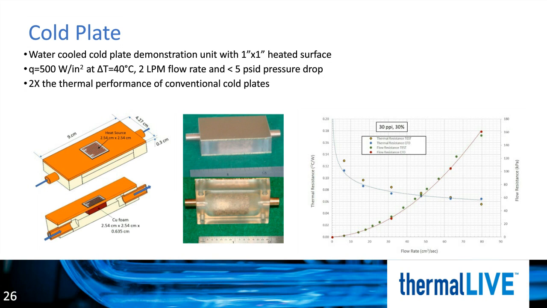This particular unit was made with 30 pores per inch foam compressed to a relative density of 30%. Performance can further be doubled, achieving 1 kilowatt per square inch of heat removal by using 45% relative density compressed foam.